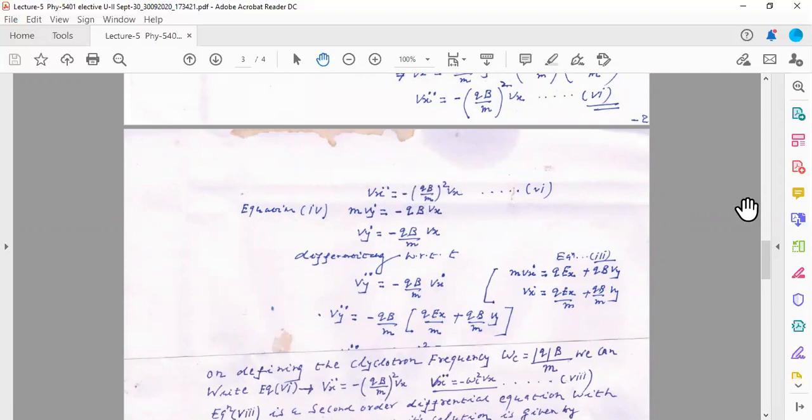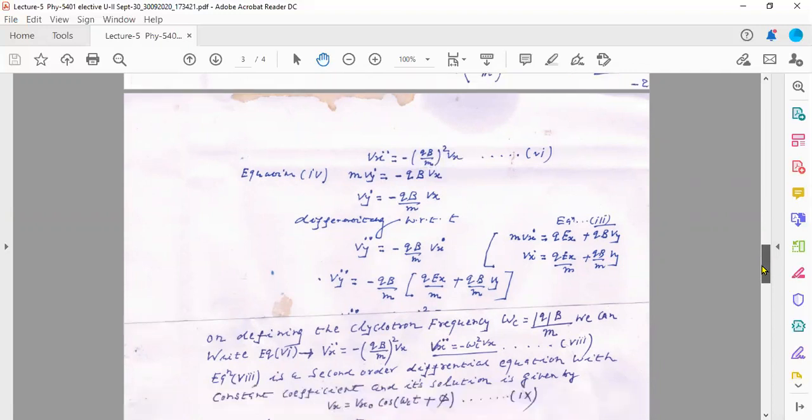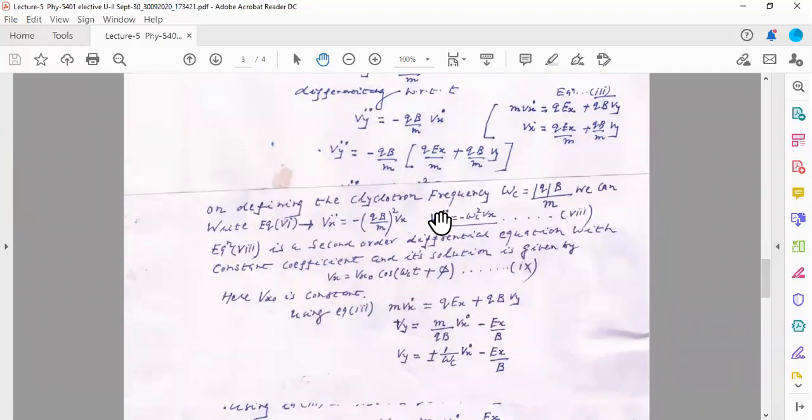I define equation number 6 in terms of cyclotron frequency: Vx double dot equal to minus omega c square Vx.